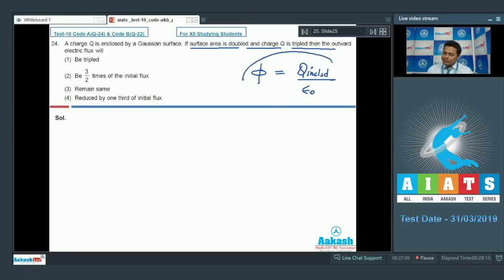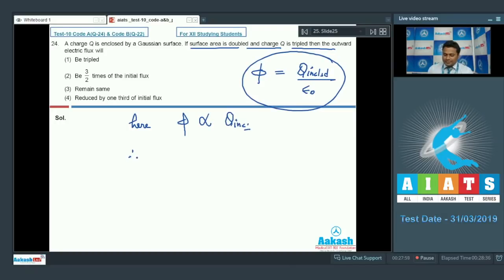It simply depends upon the total charge bounded with the surface. So if the charge changes, then the flux will also change. If charge is tripled, then flux will also be tripled.